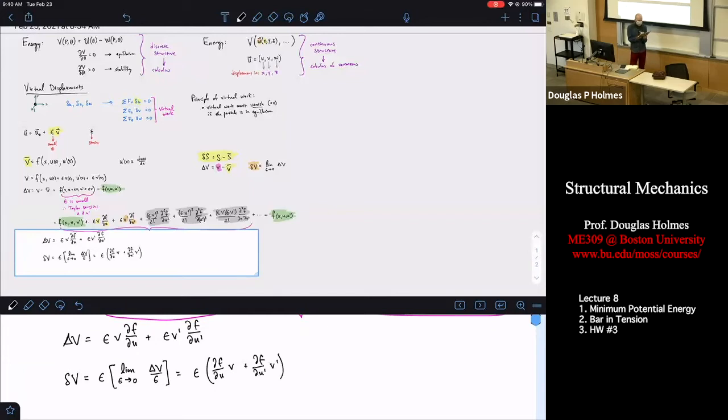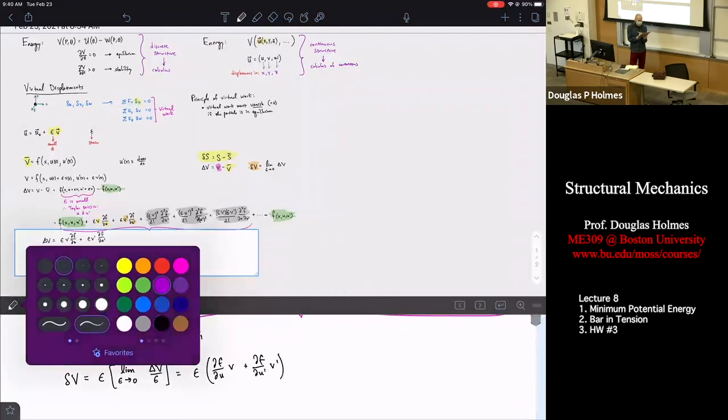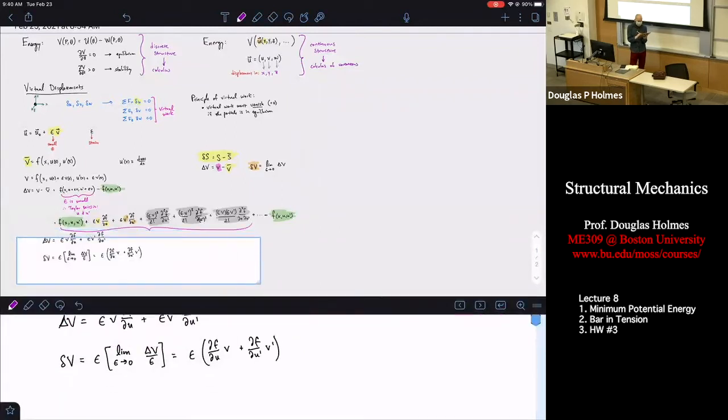And we'll introduce the notation that connects all the dots for you. This is not how you would see it. How you would see it is delta U is epsilon times V, and delta U prime is epsilon times V prime.